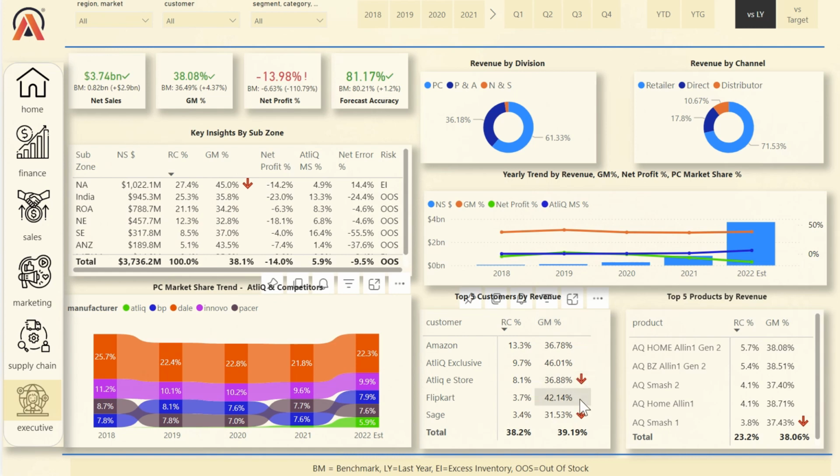That's why we can see the down arrow here in two of the customers, which is a concerning factor. Actually, we can drill down further and see what is going on. So that is it from here. Thank you.